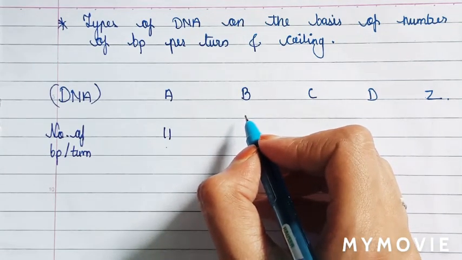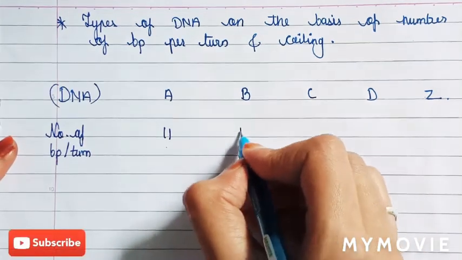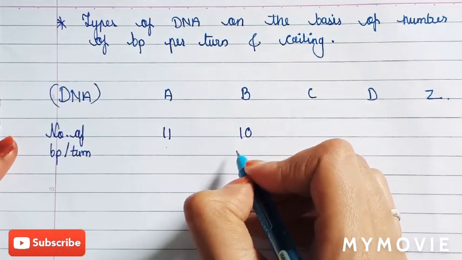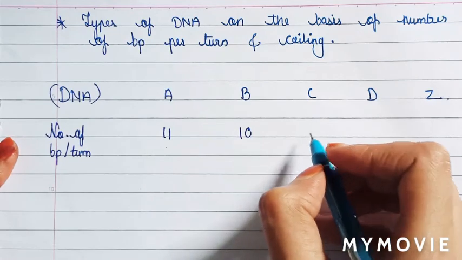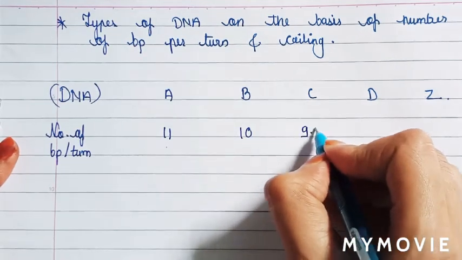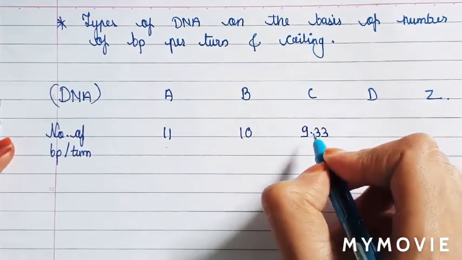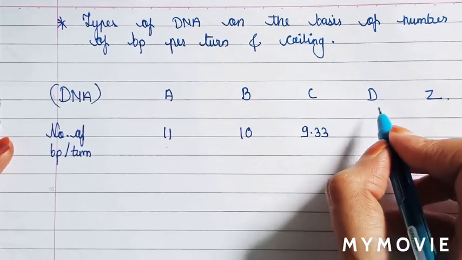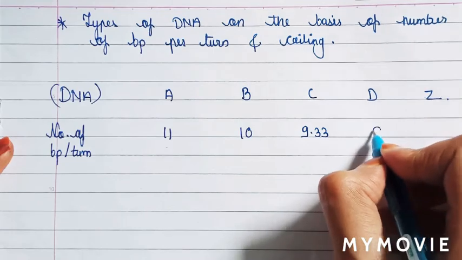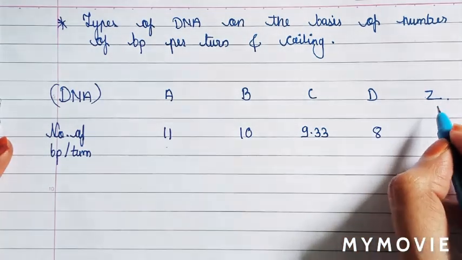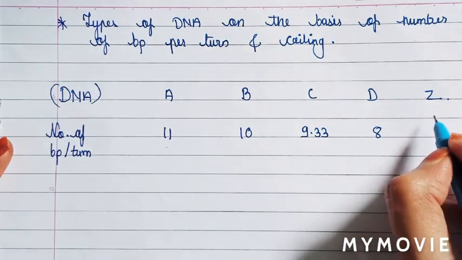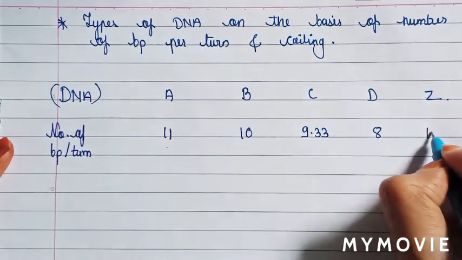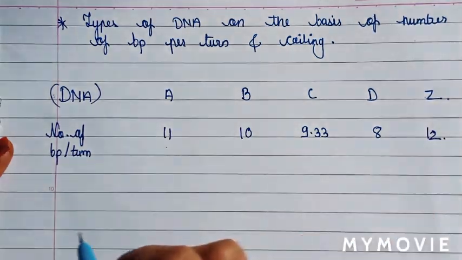It is a common DNA. The number of base pairs in case of B DNA is 10. In C DNA it is 9.33, meaning it is neither 10 nor 9. D DNA has 8, and Z DNA is a zigzag DNA.